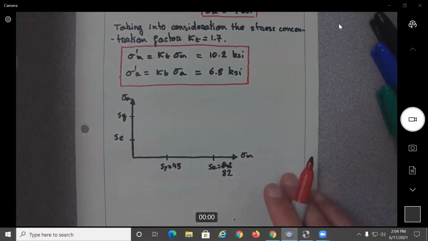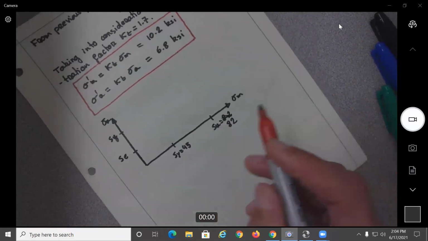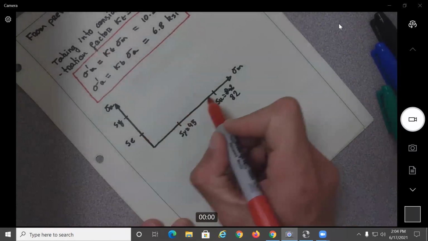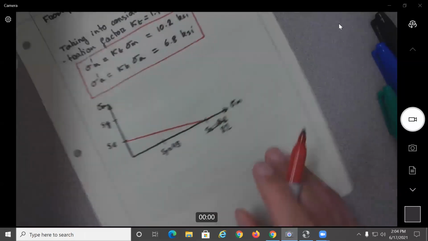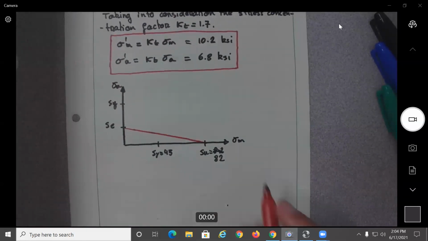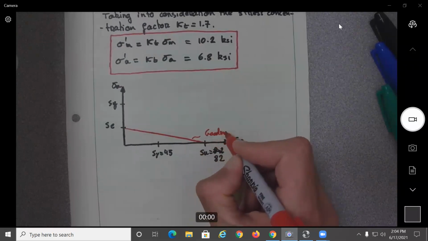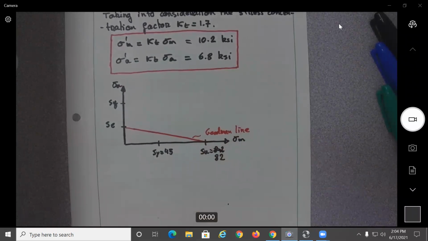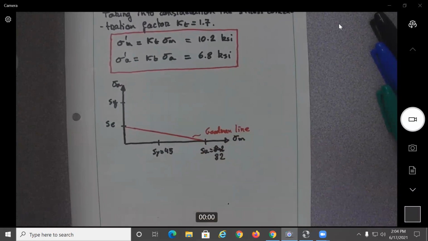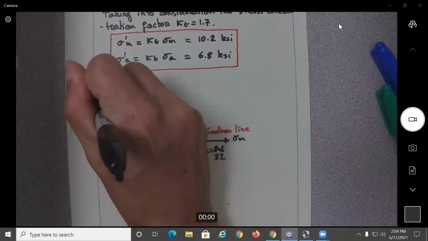So if we use the Goodman line as we define it, we go from 0.20 to 82. So Goodman line. And let's see, what was this value here? This is 20. This is 45.